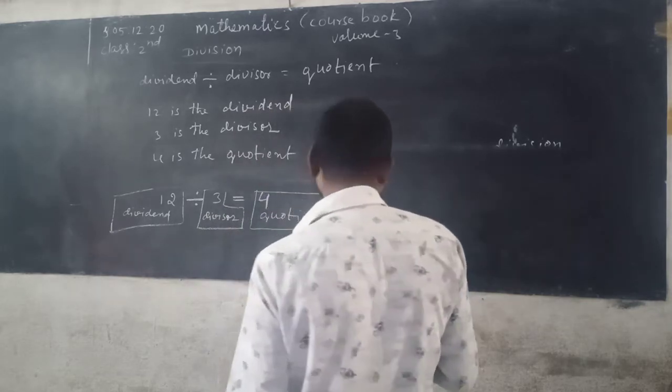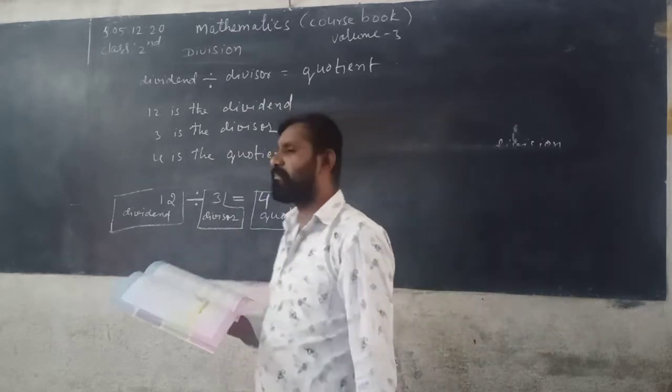Listen carefully. When 0 is divided by any number, the quotient is 0.